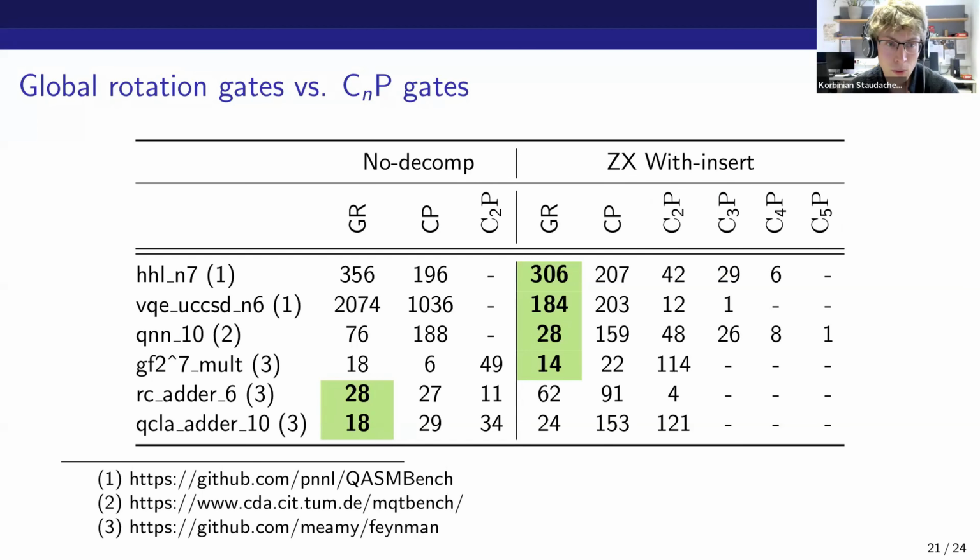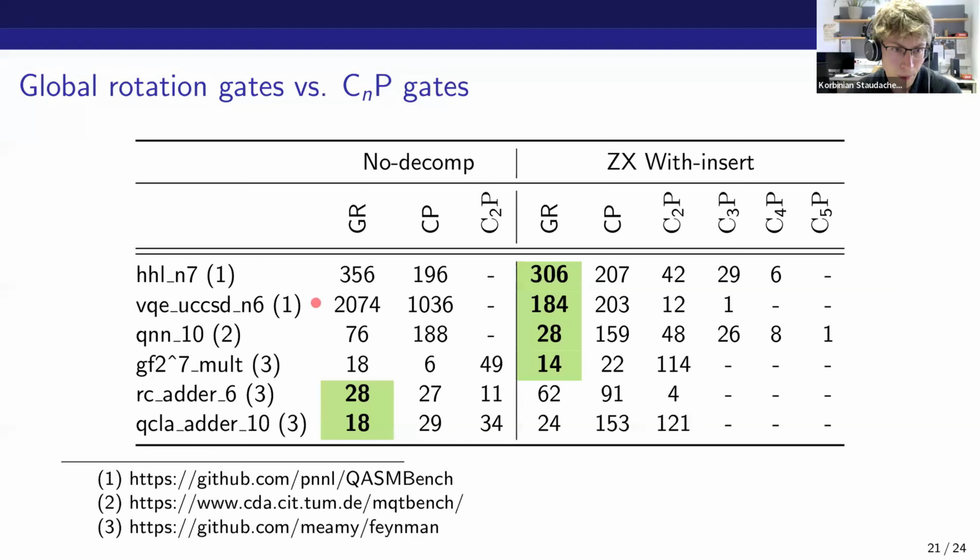And what we can see is that sometimes we are really able to trade those global rotations against controlled phase gates. So this is a really nice property that in some cases we have many single qubit gates which get absorbed simply because we use controlled phase gates and multi-controlled phase gates.